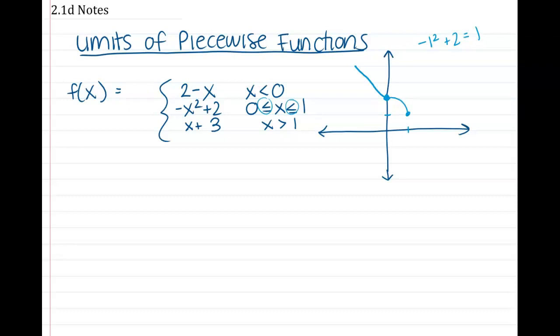Now we have the line x plus 3 when x is greater than 1. So starting at 1, the point will be 1, 4, because 1 plus 3 is 4. So we have a point there, and then we have a slope of 1, up 1, over 1, up 1, over 1, so it'll curve that way. So our function will look like that, or pretty close.